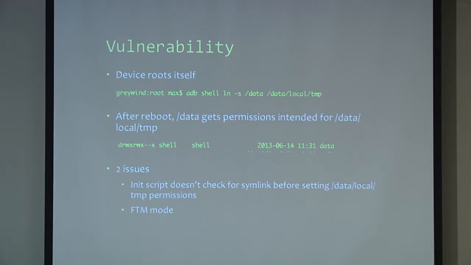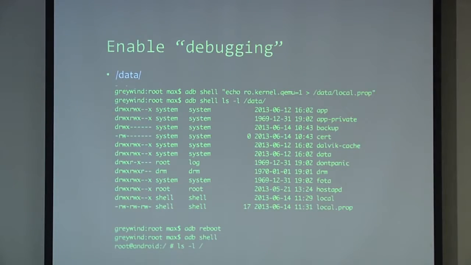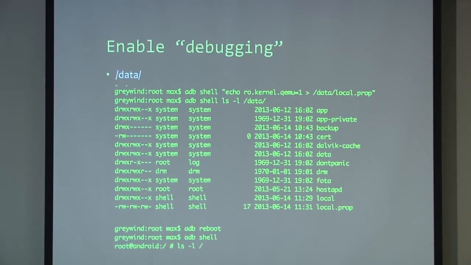So you symlink it, you reboot, and /data is getting the permissions for /data/local/tmp. Now you can write into /data. So the two issues are one, FTM mode, like why is that there? And the second one is that the init script is not checking if /data/local/tmp is a symlink before it's setting permissions. So we went over some of the directives that give you debugging root.